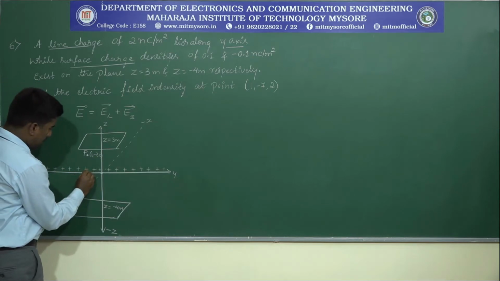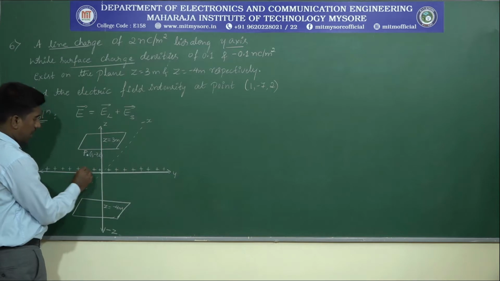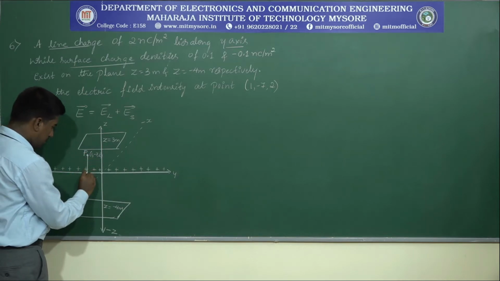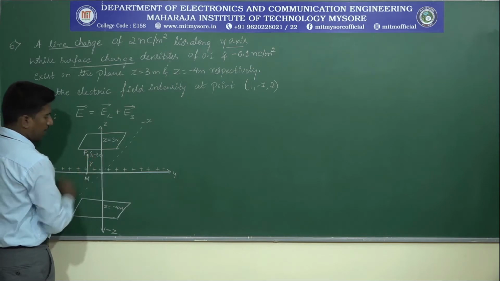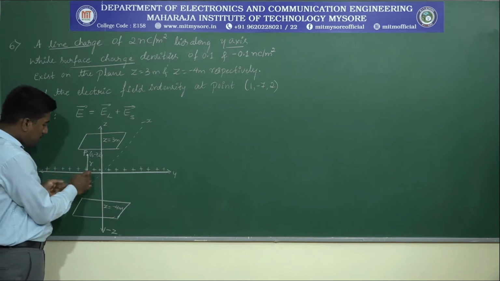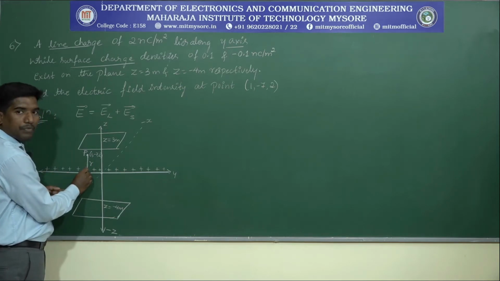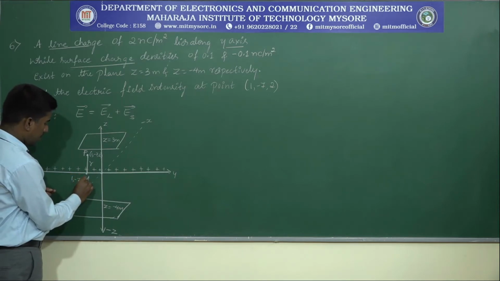And point M is the place along the y-axis which is perpendicular to this y-line. The distance between P and M is r. Got it? Distance between P and M is r. What is the coordinate of this particular point M? The coordinate of this particular point M is 1, minus 7, 0.